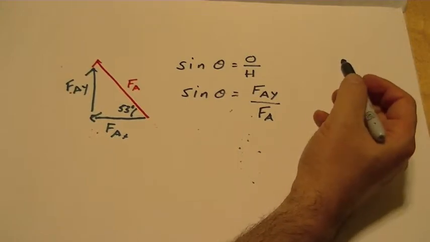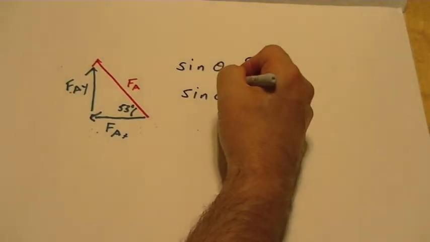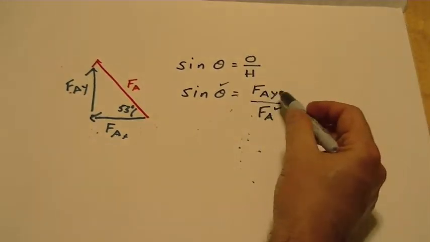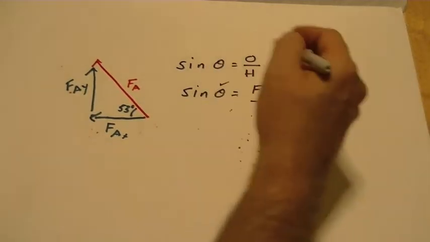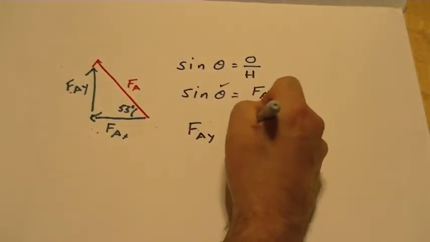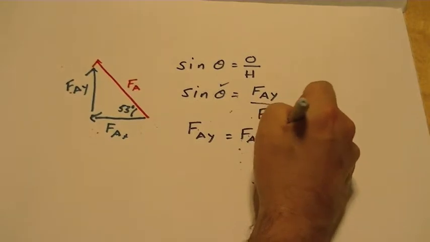Now, note, before we go further, we know what the angle is in the problem, and we know what the actual vector Fa is. So I can find this component by rearranging and saying that Fay is equal to the original vector Fa times sine of that angle.